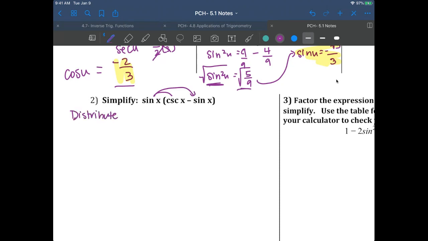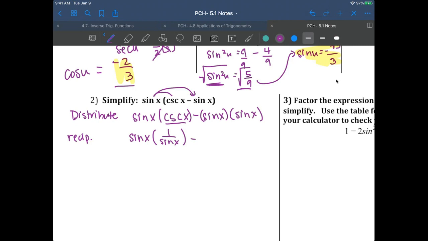Okay, so I get the sine of x times the cosecant of x minus sine x times sine of x. Oops, I did that wrong. Now I'm going to use the reciprocal property to reevaluate cosecant of x as 1 over sine of x.